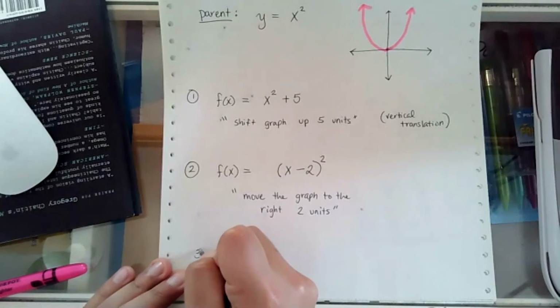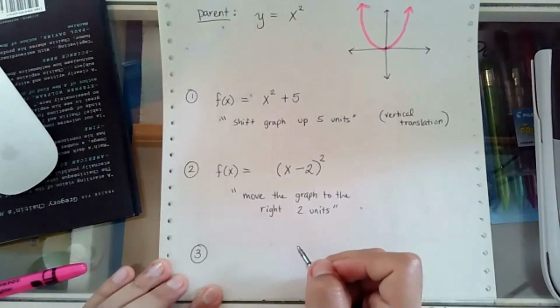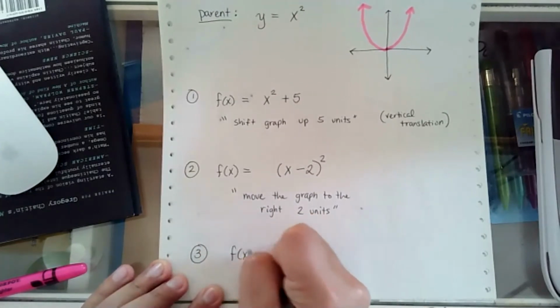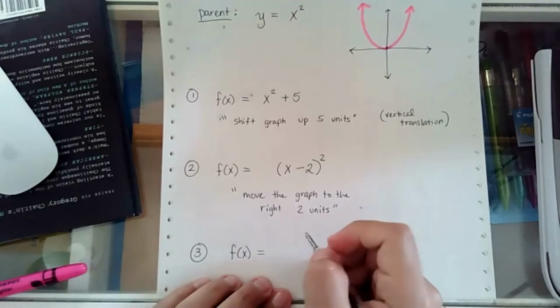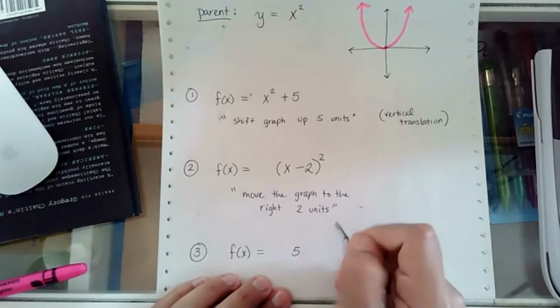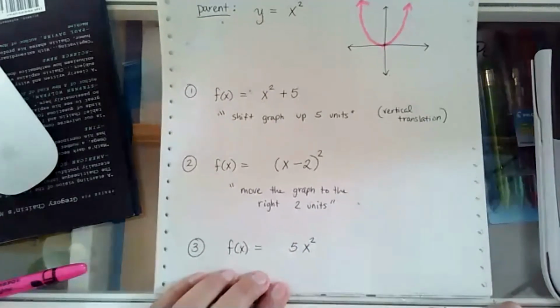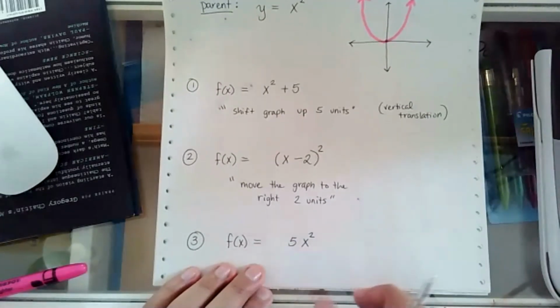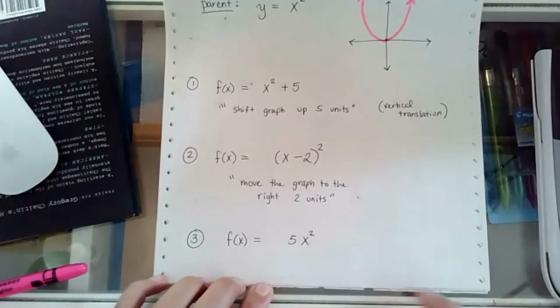And now let's look at 3. Maybe f of x is equal to, let's go with 5x squared. What effect does this have on the original parent function?